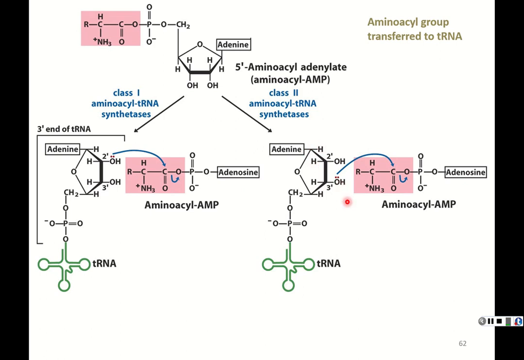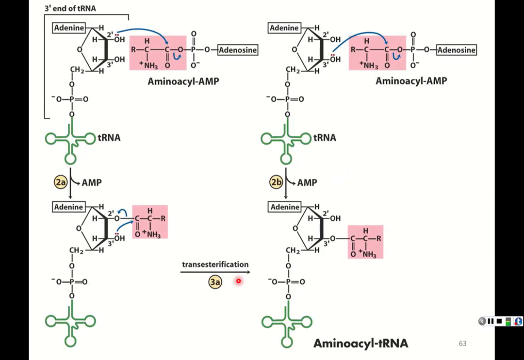Class 2, the only difference is you're starting with the 3' hydroxyl. Okay. But again, knowing the differences between those two, not super important. Just know it's the same basic mechanism. It's just 3' or 2'. But in our class, doesn't really make a difference. Right.